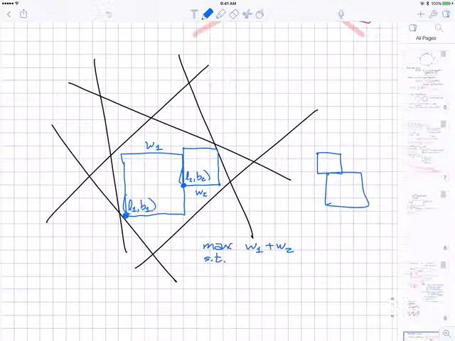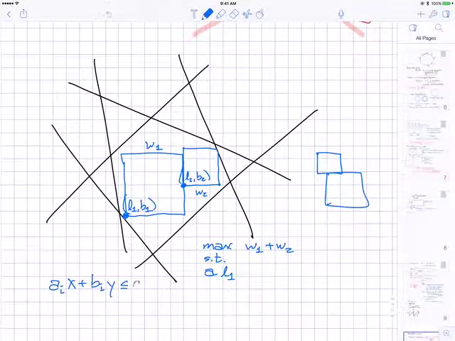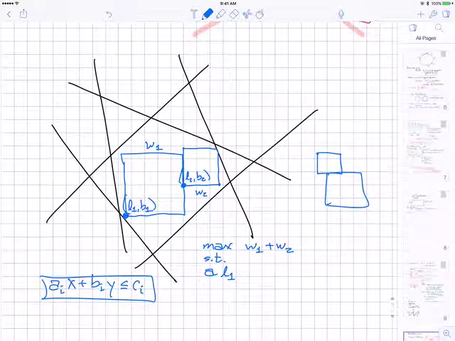Subject to what? Well, I've got a bunch of these constraints: A sub I X plus B sub I Y is less than or equal to C sub I, right? So these are my constraints.